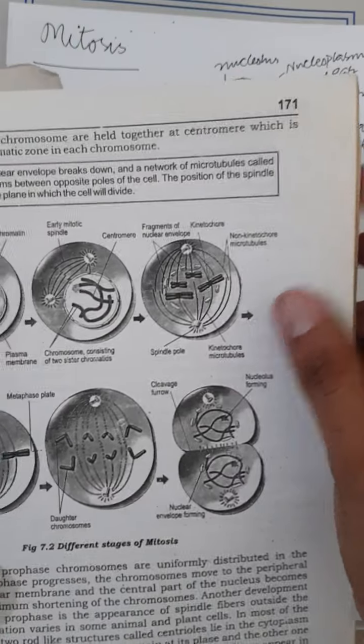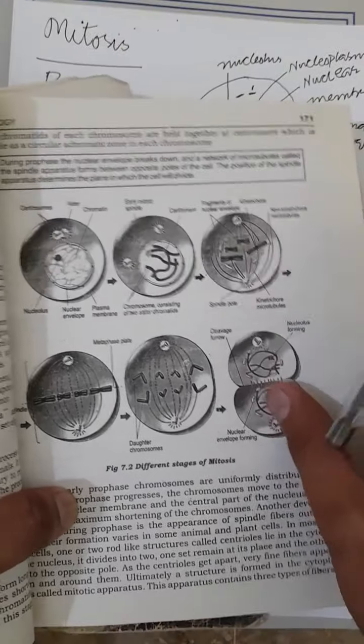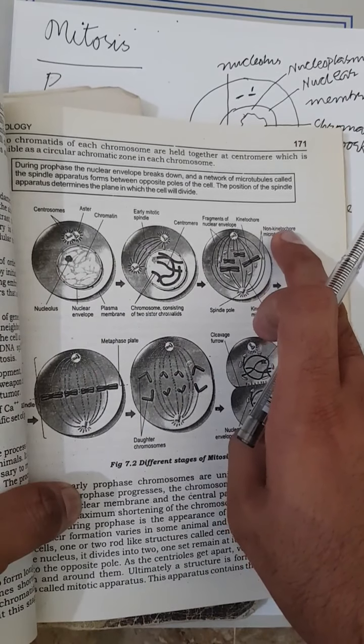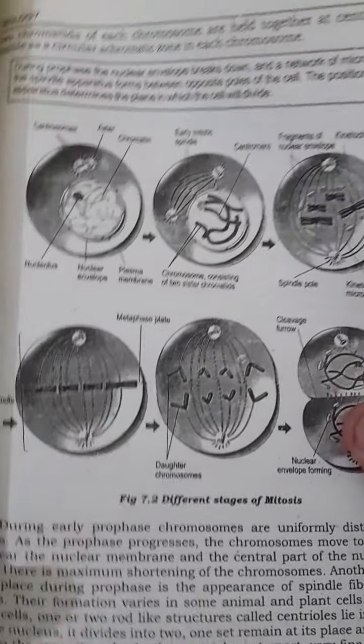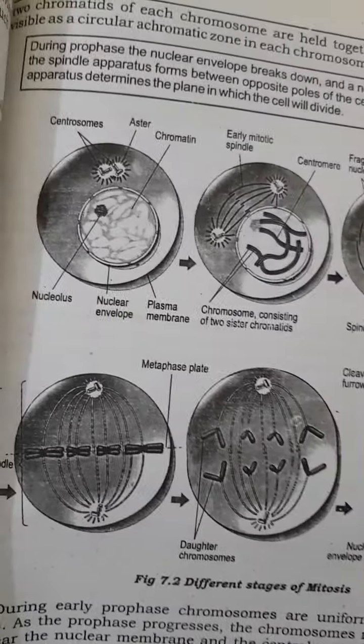As you can see on page number 171, this is the diagram of the whole process called mitosis. So the very first three figures of this page are of the prophase.